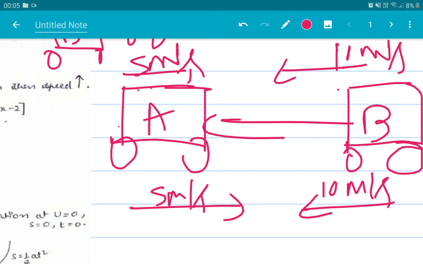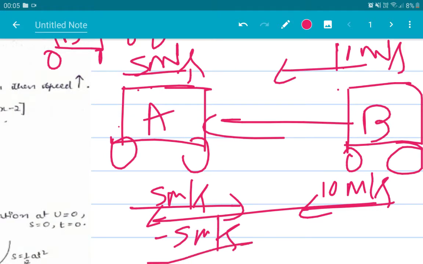That means a negative speed is induced into your body. So your body comes to rest in a fraction of a second and immediately increases back. That means minus 5 meters per second is the speed your car will move with now. From 5 to minus 5, it got reduced, because they are in opposite directions.